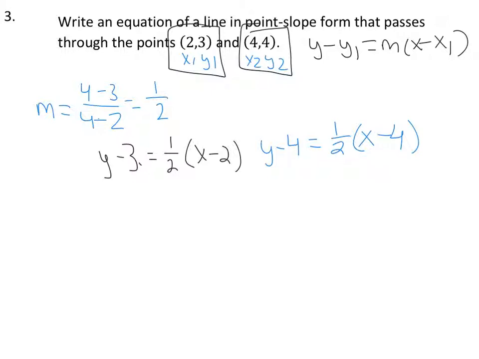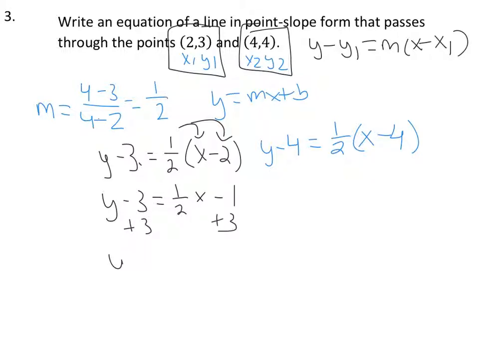If I try to get these into y equals mx plus b, distribute the 1/2, you get y minus 3 equals 1/2 x minus 1, add the 3, you get y equals 1/2 x plus 2.